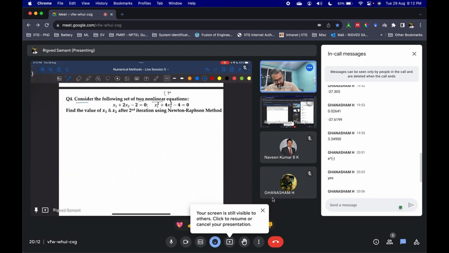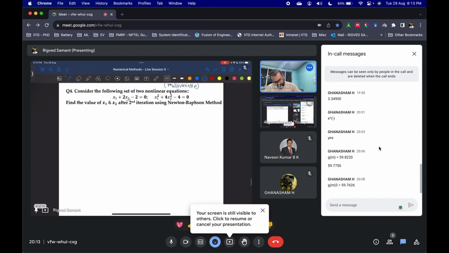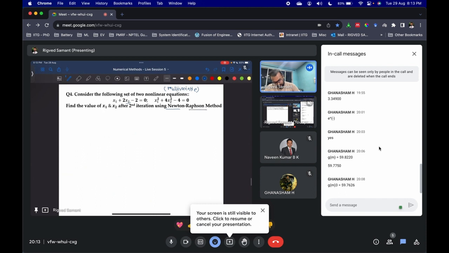This is multivariable, not because it has two nonlinear equations, but because it has two variables. Since there are two variables, it is imperative that there will be two nonlinear equations. To solve this, again you are going to use the Newton-Raphson method, here after the second iteration.